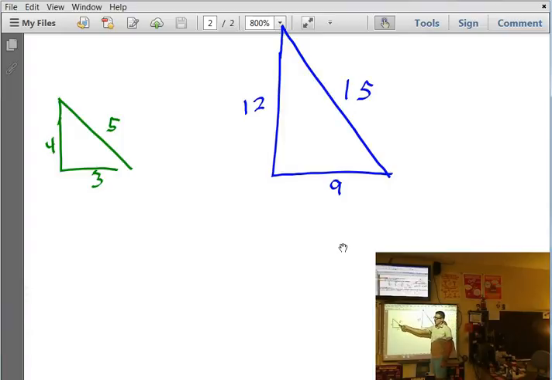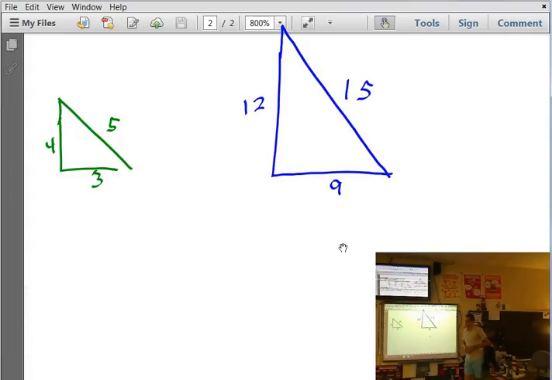How the 5 relates to the 3, is that the same as how the 15 relates to the 9? Because you multiply it times 3 over 3, which is 1. So if the proportionality of the triangle stays consistent, will that ratio also tell us what we want? Because it's just telling me this side has the same relationship to this side as this side had a relationship to that side. It goes back to the trig, honestly. But yeah, that does show us what we want it to do.